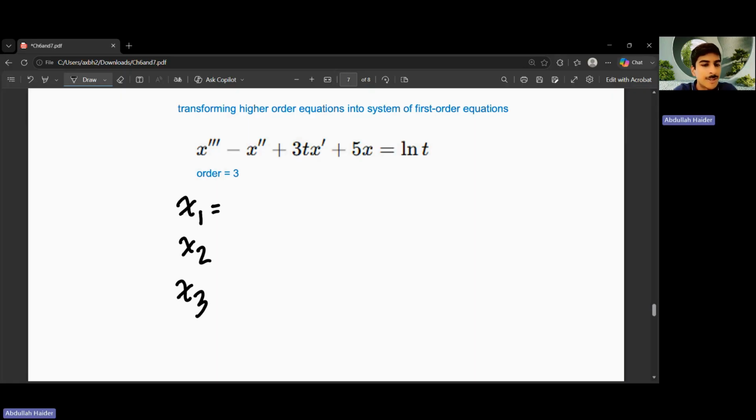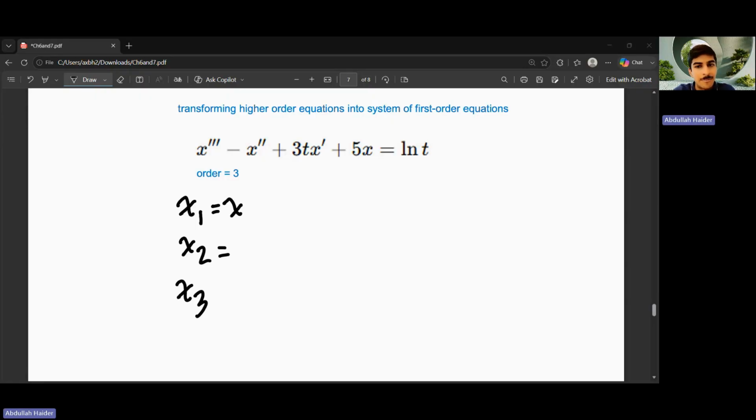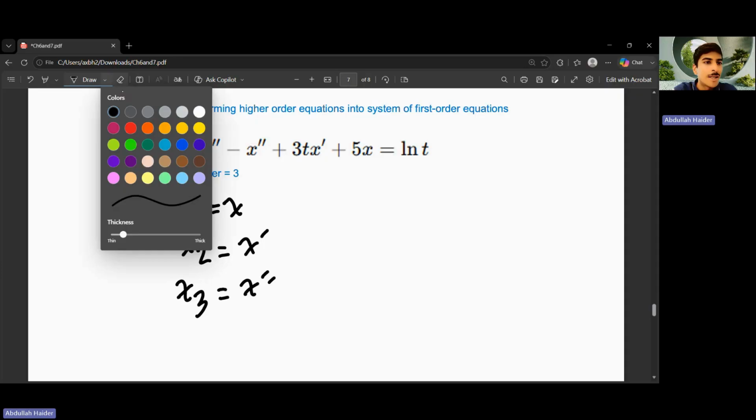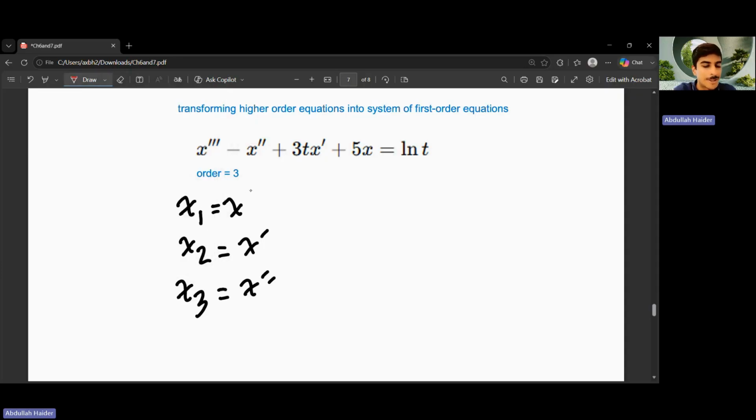Now, x1 is always equals to x. x2 will always be equals to x prime, and x3 will always be equals to x double prime. Now, if you're feeling confused, don't worry about this. Even I was confused in the beginning. So as I said before, you identify your order, which is 3, and then you write x1, x2, x3, and always you begin with x on the right side.